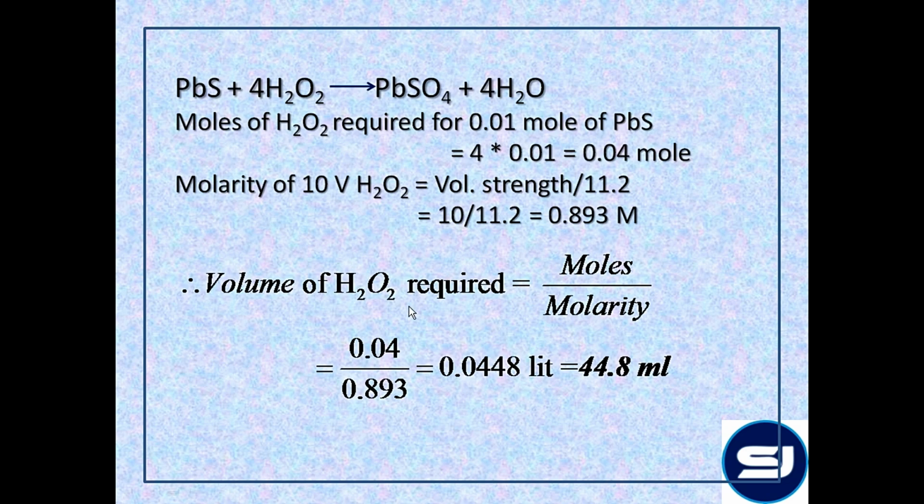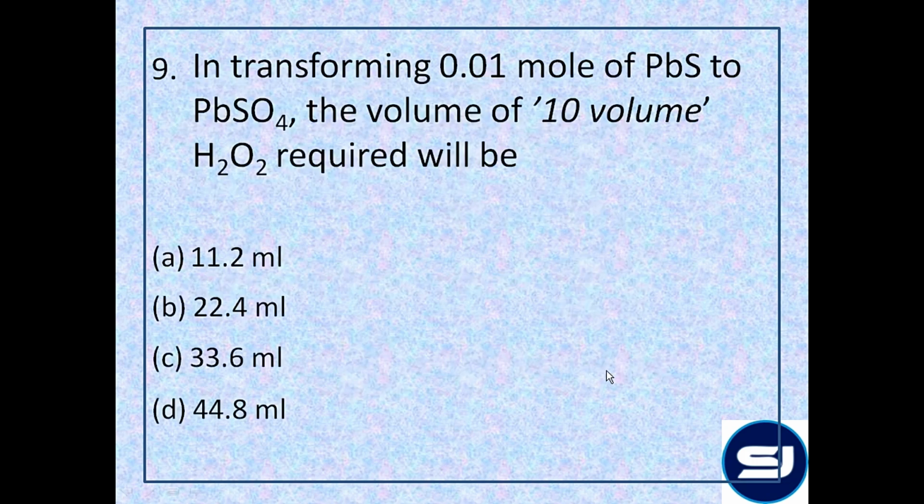So volume of H₂O₂ required is equal to moles divided by the molarity. So the moles is 0.04, molarity is 0.893, and the ratio gives 0.0448 liters or 44.8 ml. So the correct answer is 44.8 ml.